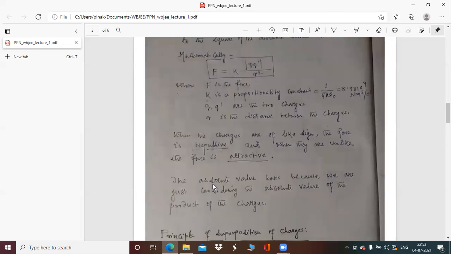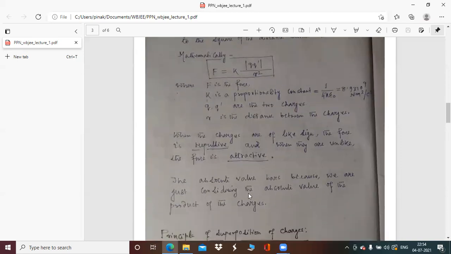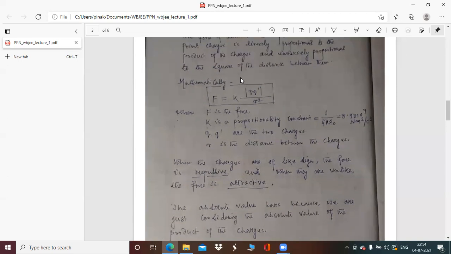Now, with this understanding of Coulomb's law, one question may arise. Here you can see Coulomb's law gives us a means of calculating the electrostatic force between two charges.